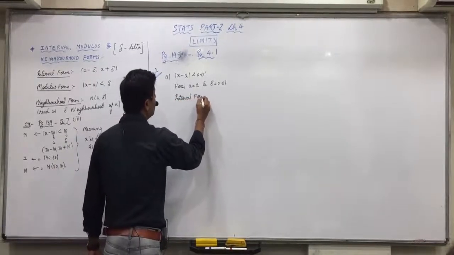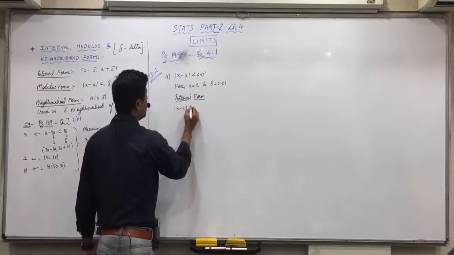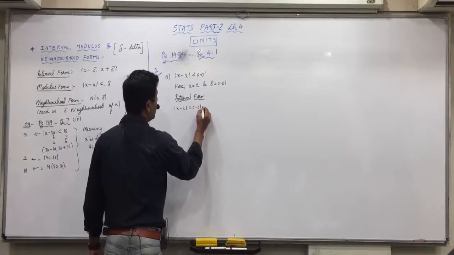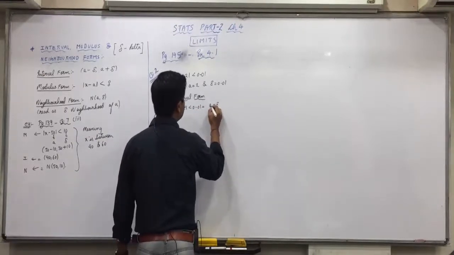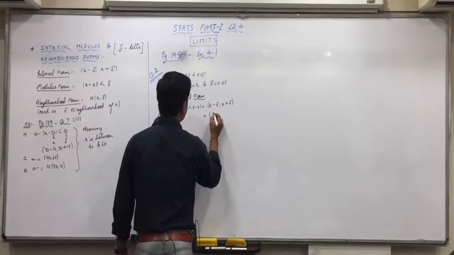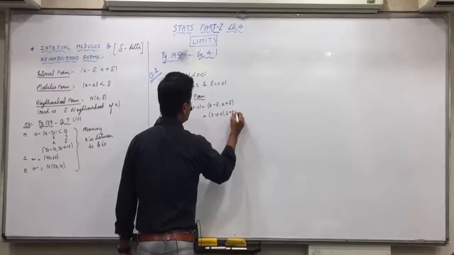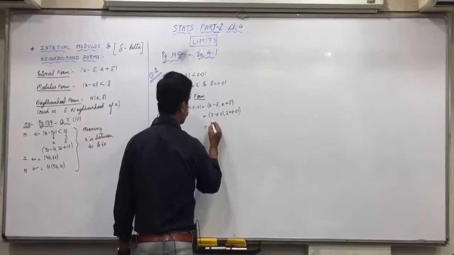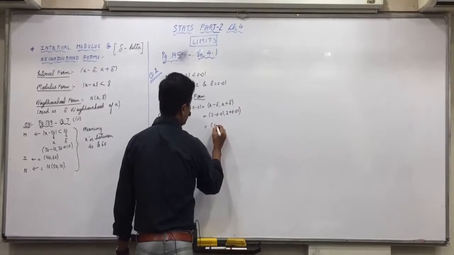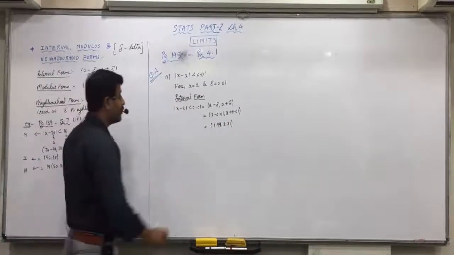So interval form: modulus x minus 2 less than 0.01 equals (a minus delta, a plus delta), which is 2 minus 0.01, 2 plus 0.01, that is 1.99, 2.01. Did you understand this, everyone?